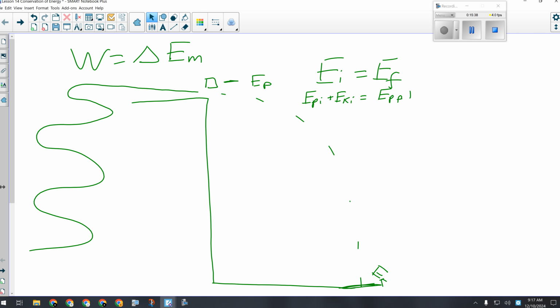At the top of the cliff, it only has potential. It doesn't have any kinetic because it isn't moving yet. And on the ground, its height would be 0, so it wouldn't have any potential. So we're not saying anything that isn't true. We're still saying that the mechanical energy of the box doesn't change. What does change is how much of it is kinetic and how much of it is potential.